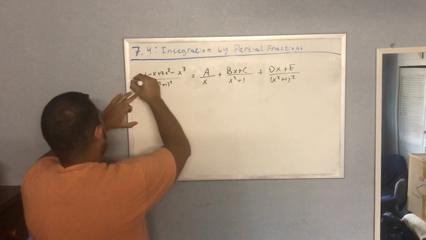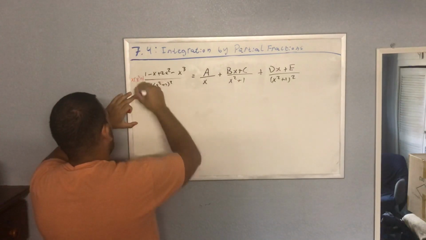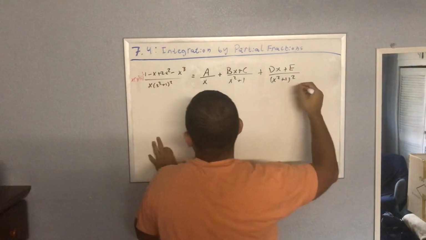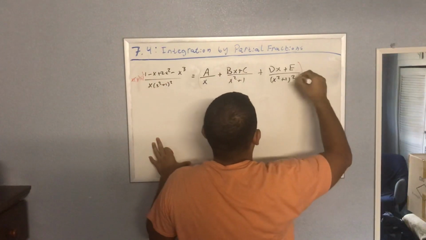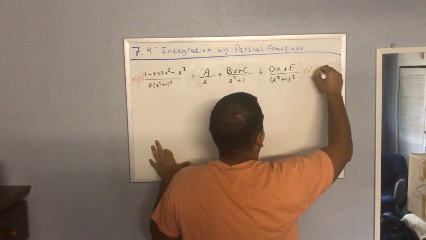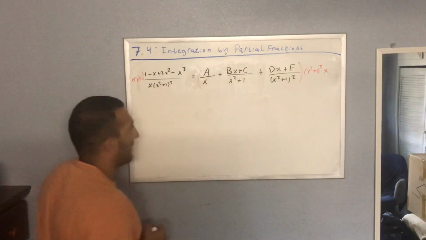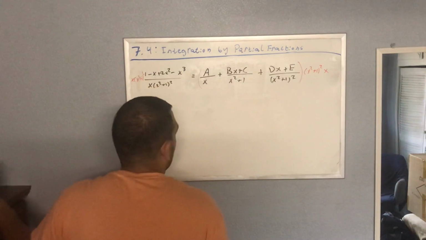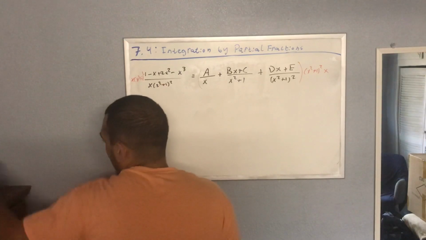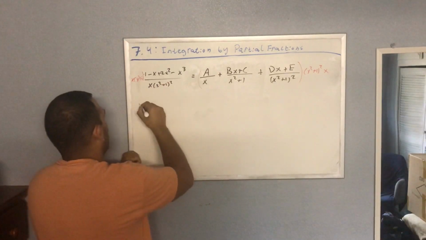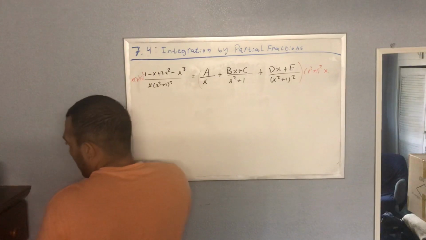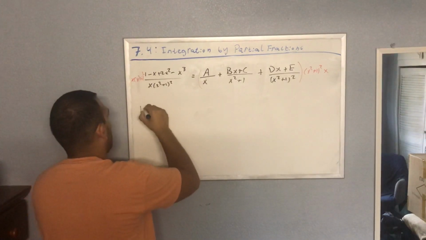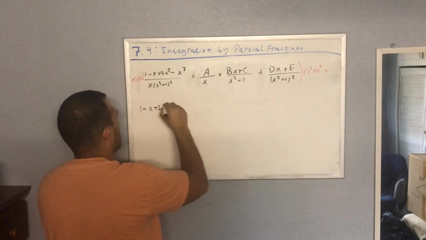Multiply both sides by this. So it cancels out here. Okay, and then so we'll get 1 minus x plus 2x.